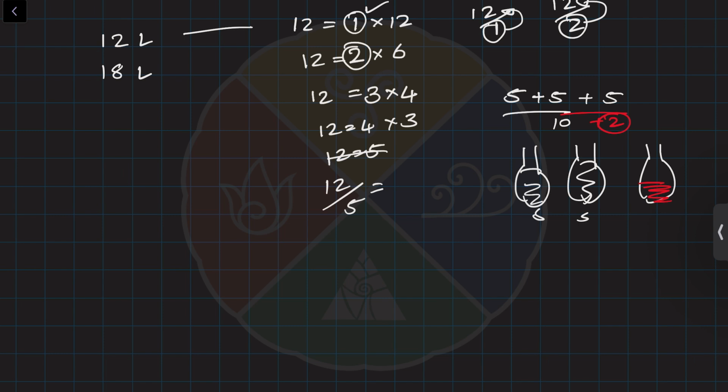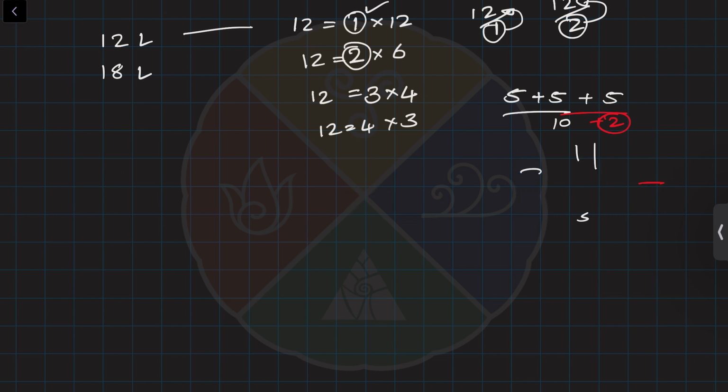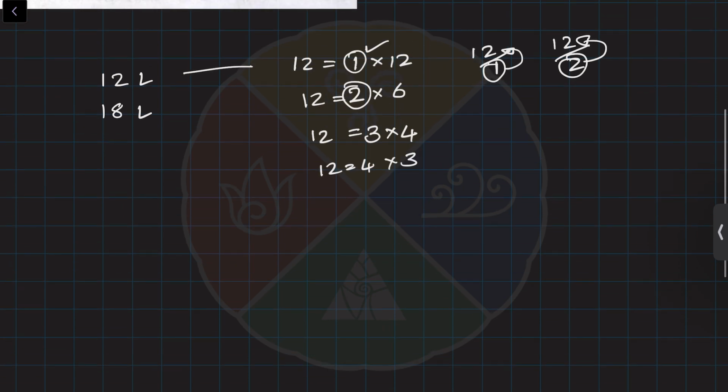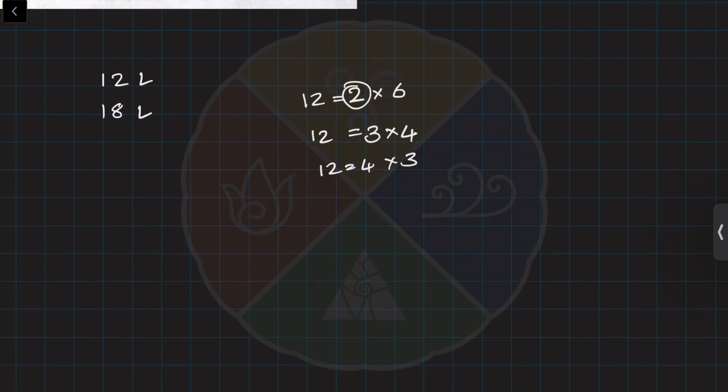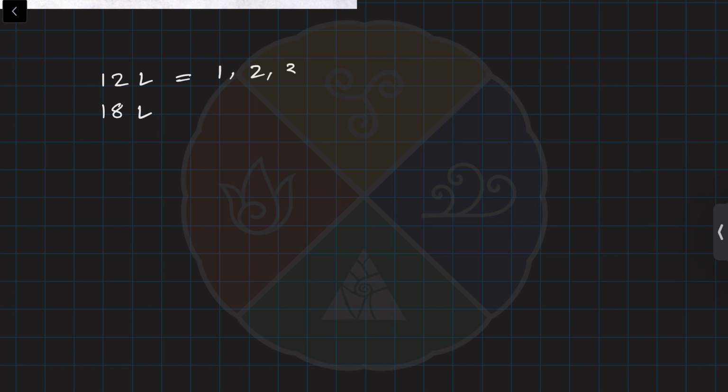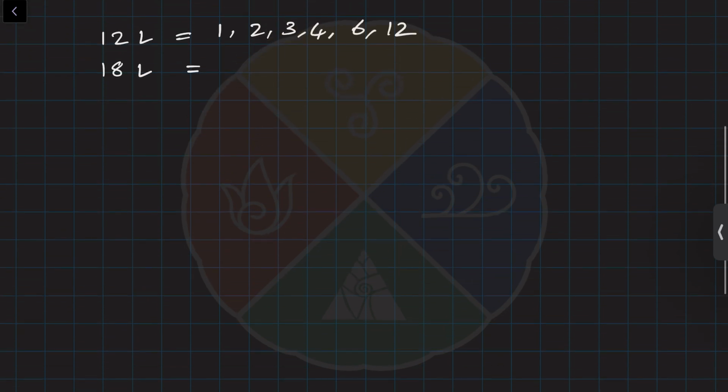So basically, we are only supposed to take such numbers which can divide the given number. We are basically looking for the factors of the given number. Thus, we will be finding the factors of 12: 1, 2, 3, 4, 6, 12. This many factors are there for 12. How to find factors, you can find in the previous video, question number 18.